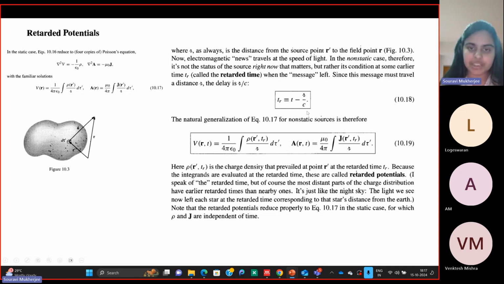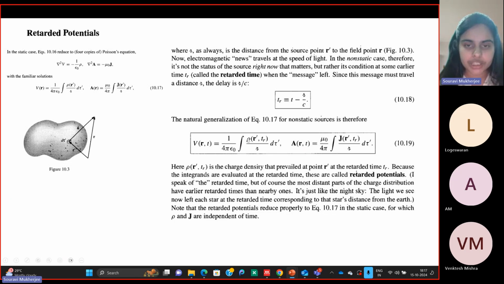That means any change that has happened at a time slightly before actually impacts the potential that you see at the instant t. And how much before is given by the distance between the source and the field point, and the medium in between, that is, the speed of propagation of your wave, right? If it is in free space, it would be r by c. So t minus r by c is t_R.